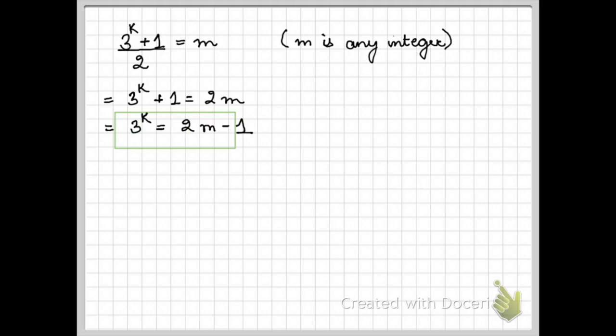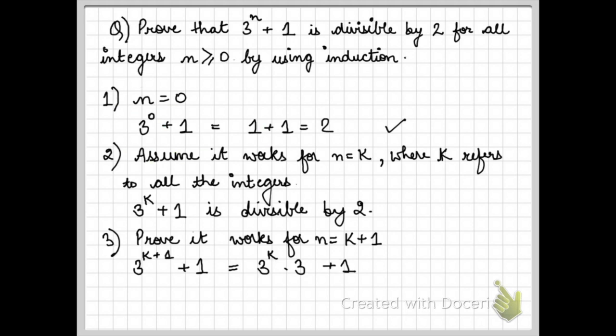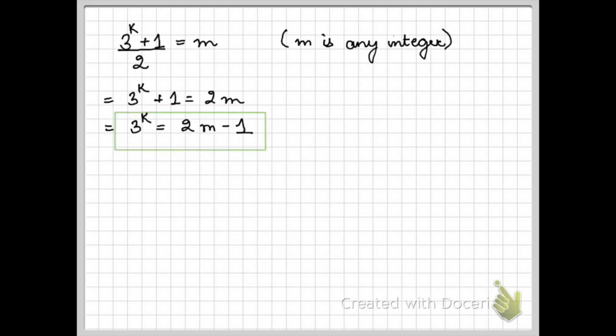Now this equation where we have 3 to the power of k in terms of m is really important because it is going to help us solve proof by induction. So I'll take this equation here, 3 to the power of k times 3 plus 1. And I am going to substitute the value of 3 to the power of k.